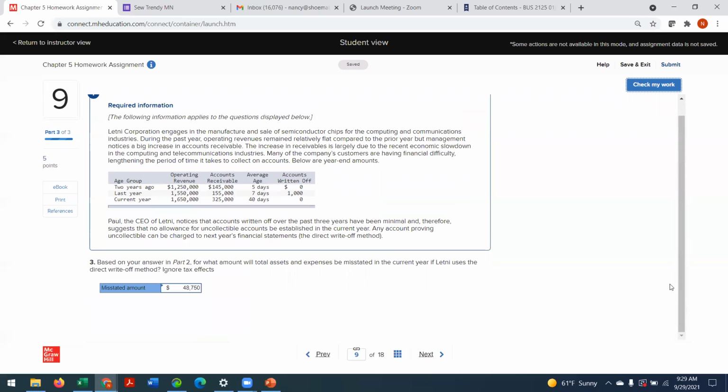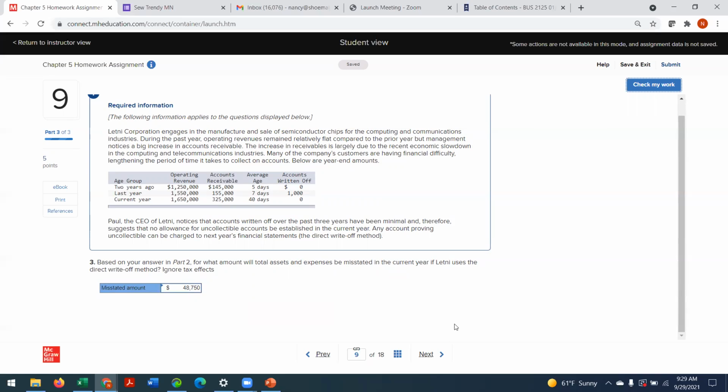If he doesn't do that, then our income statement, our net income is 48,750 higher than it should be. And our asset accounts receivable would be 48,750 higher than it should be also.